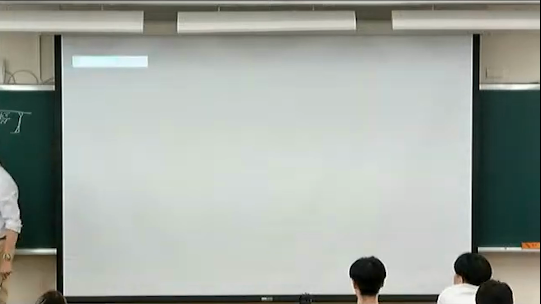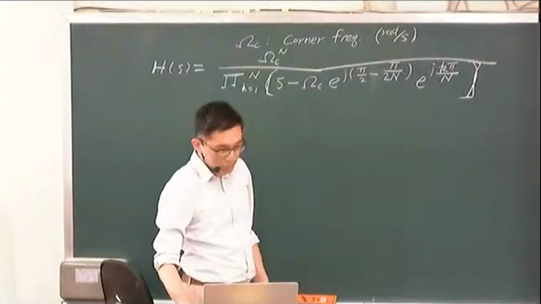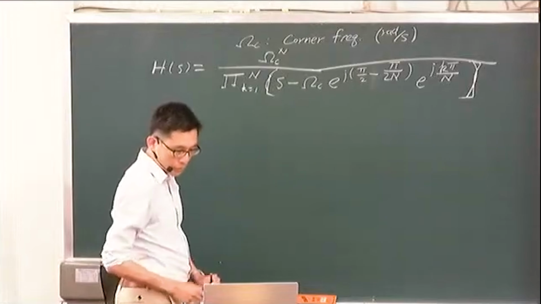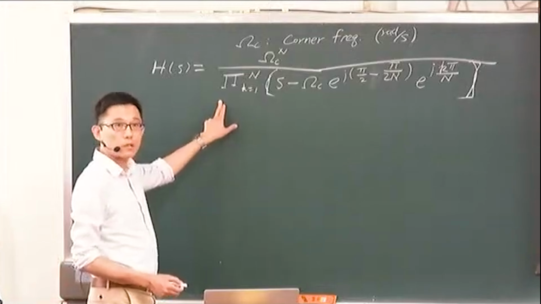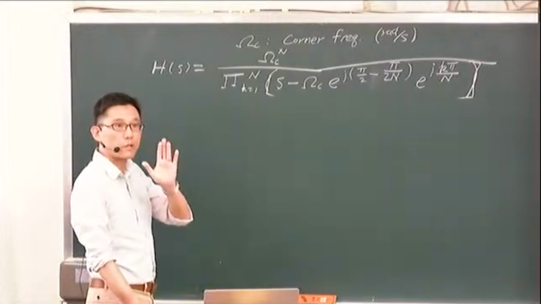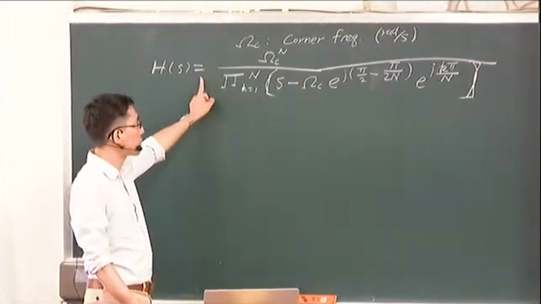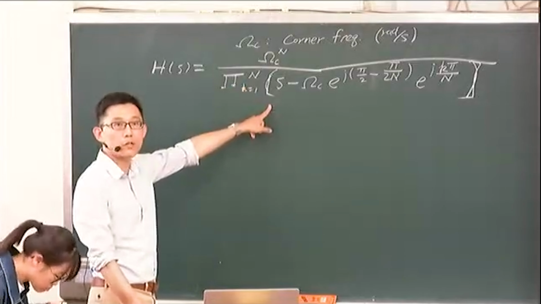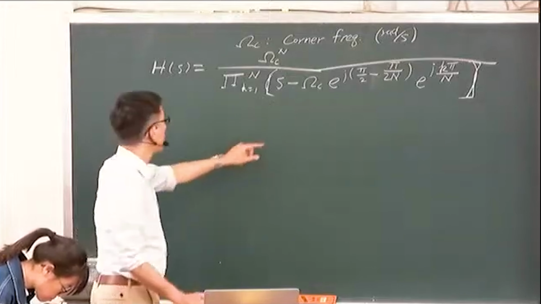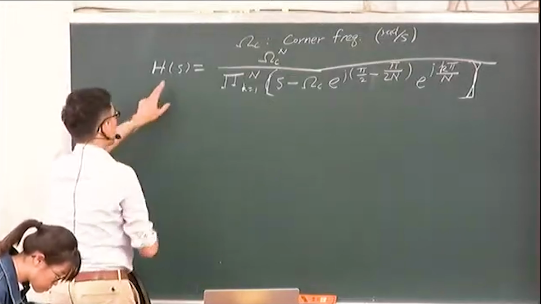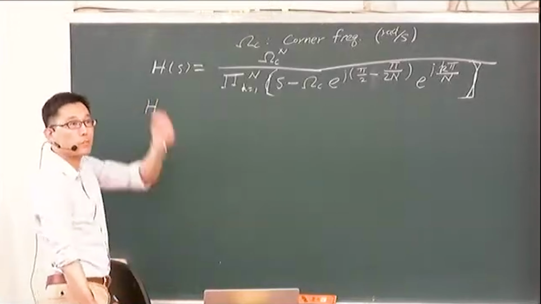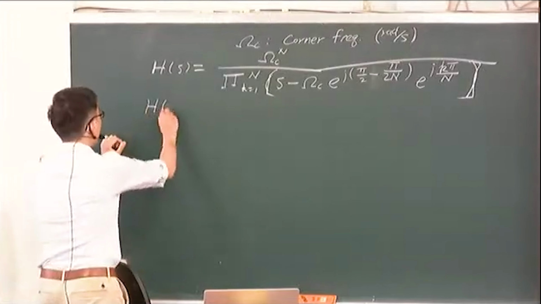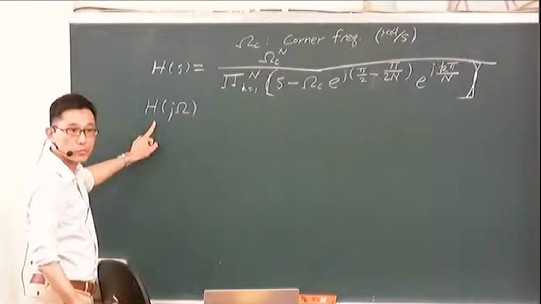But with this H of S, it turns out that we have a rather surprising outcome for the frequency response. So I'm going to continue by giving you an interesting fact. If you look at this transfer function, it's an nth order polynomial. But when we consider the magnitude response, that is the transfer function evaluated on the imaginary axis, H of S with S equals j omega, that gives us a frequency response.